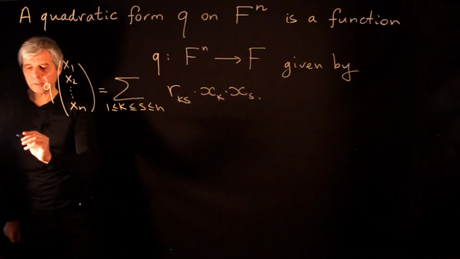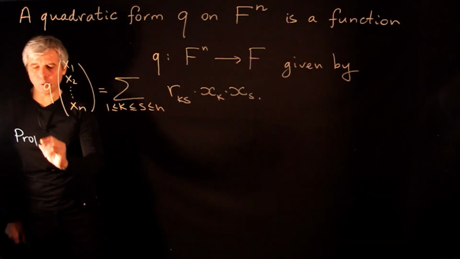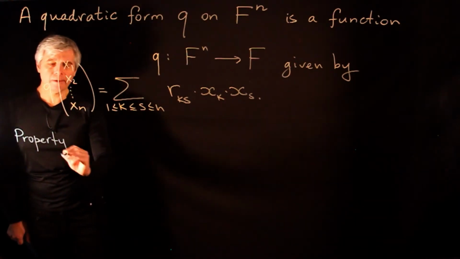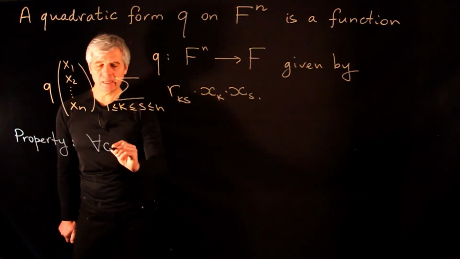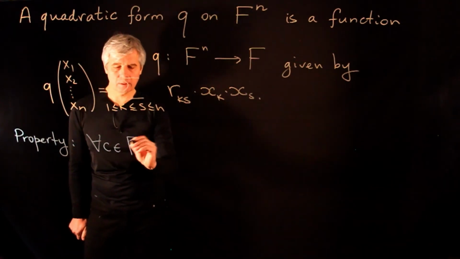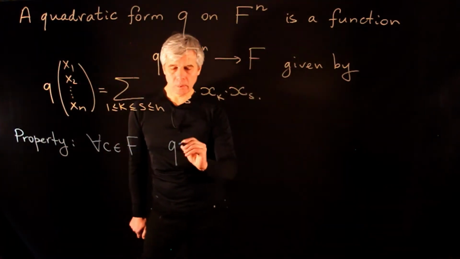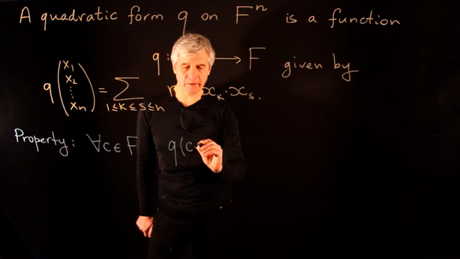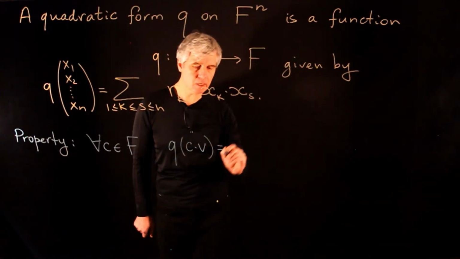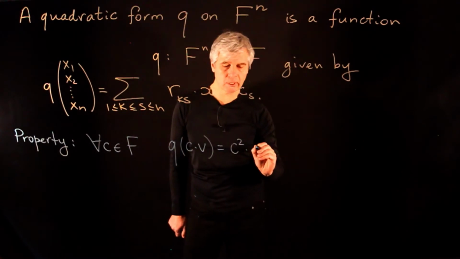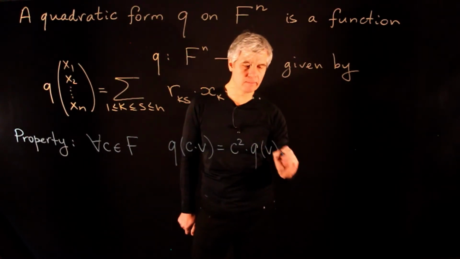In particular, quadratic forms have the following property, that for every c in the field, Q of c times vector v is equal to c squared times Q of v.